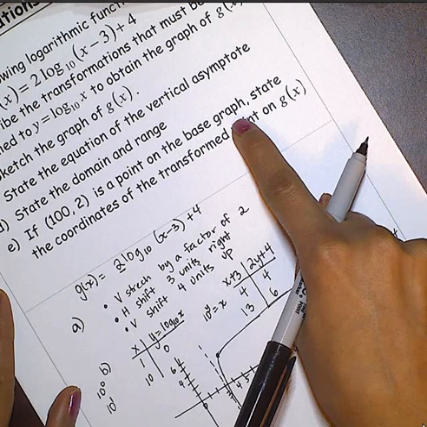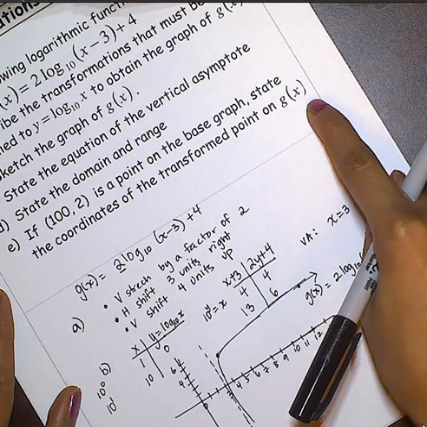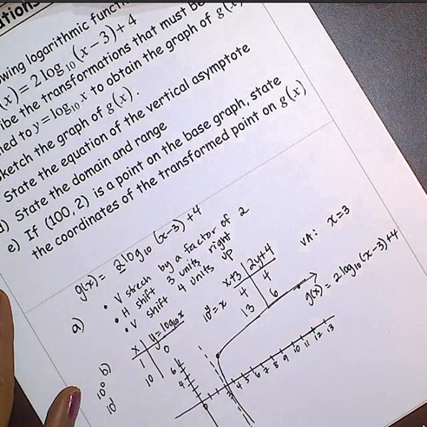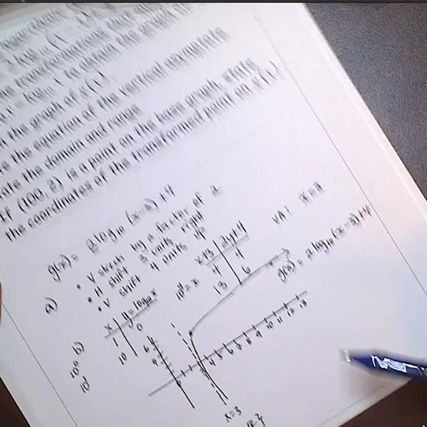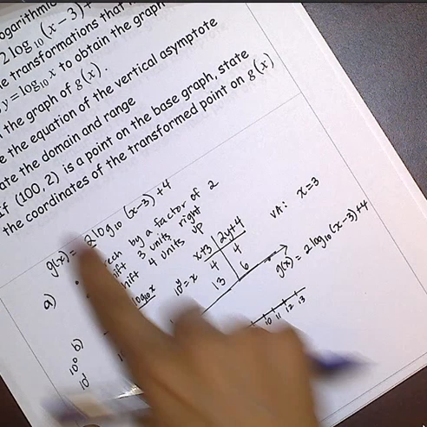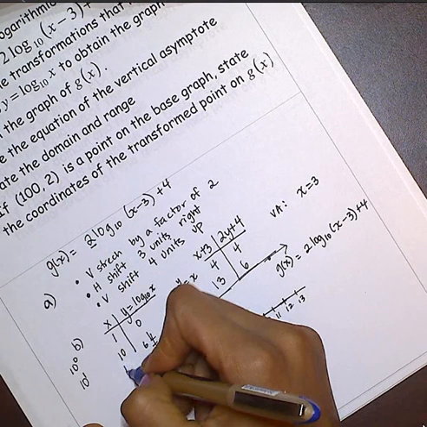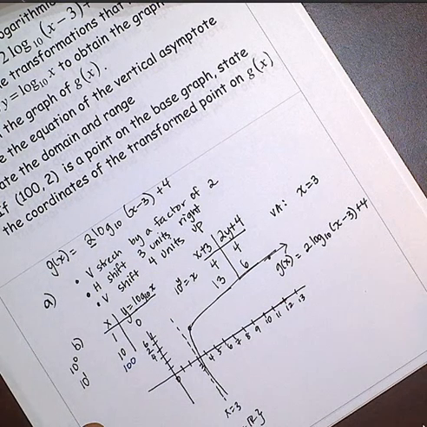I was going to use a different color pen. Oh, here it is. I have one here. So the point that I want to transform is (100, 2). I'm going to use my table of values to do that. It's kind of hard for you to see, so perhaps, you know what, I'll just do it over here. x, y, that's (100, 2).